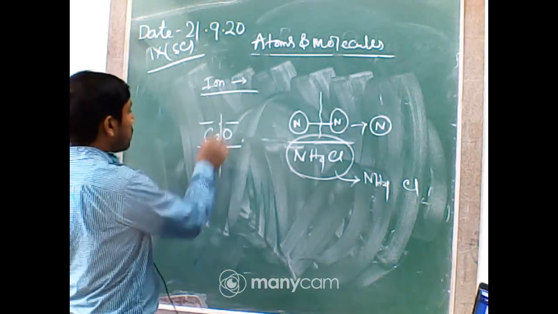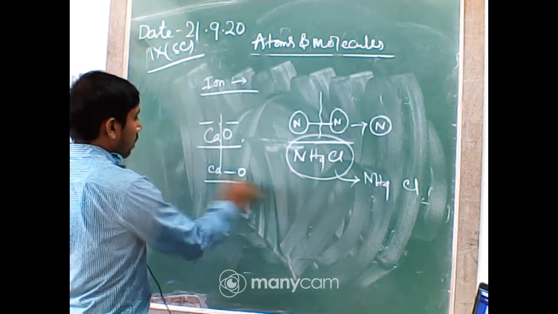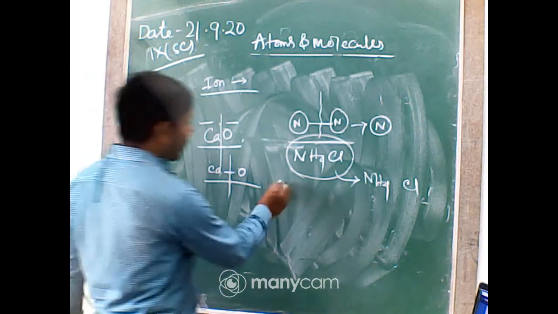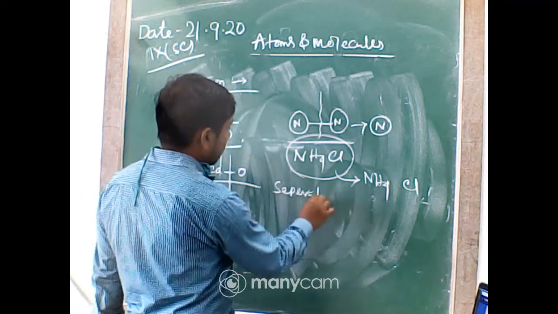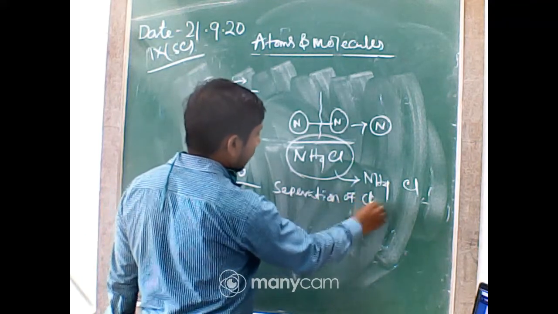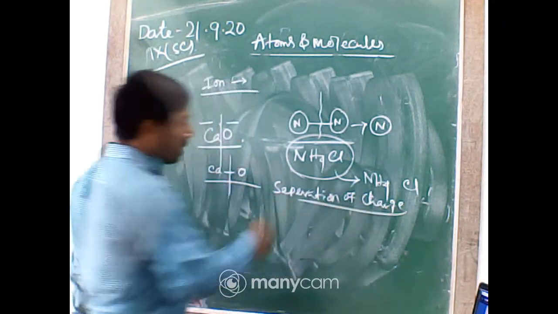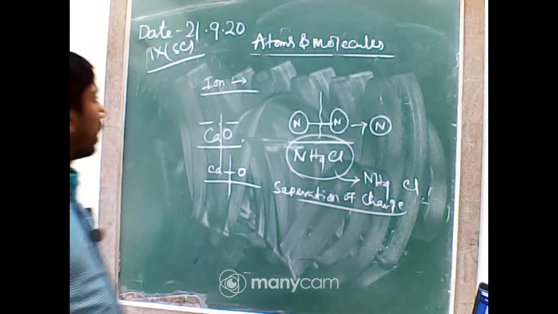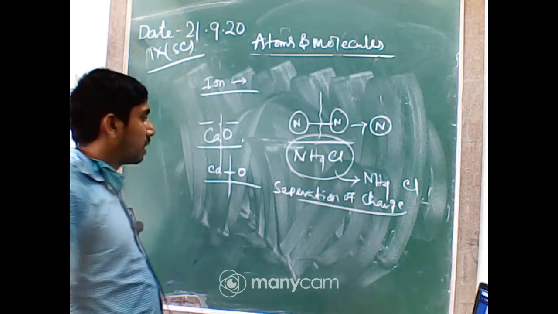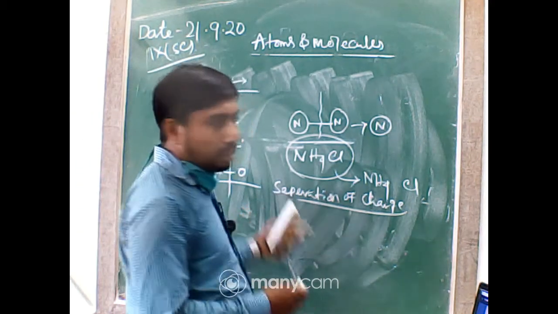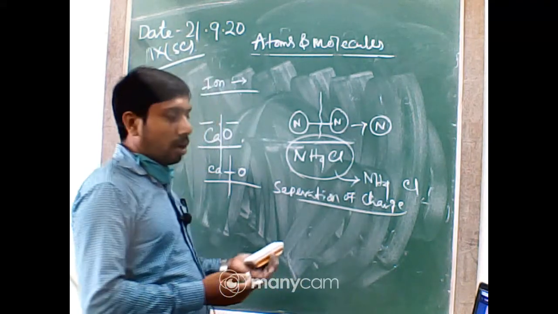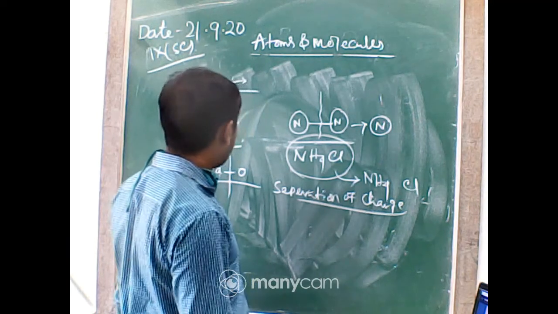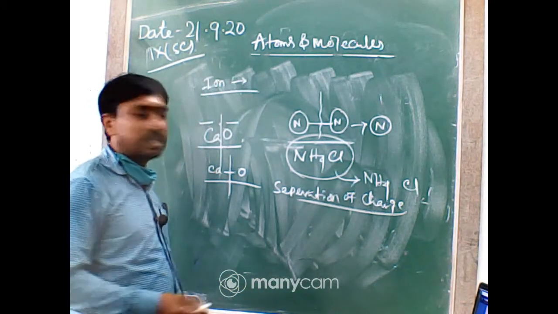Now when this bond, that is the CaO bond, breaks, there is a tendency toward separation of charge, because all the binding forces are basically due to electrostatic interaction. When the bond breaks, the separation of charge arises, so two poles are generated.